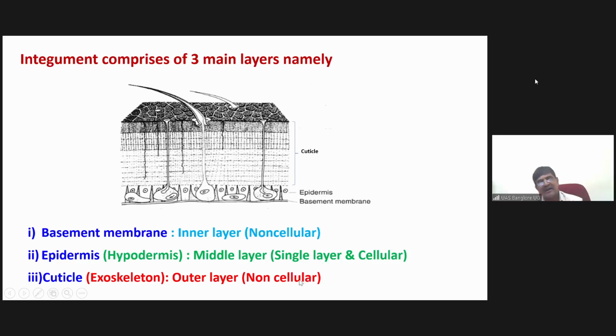So these are the three major components of insect integument.